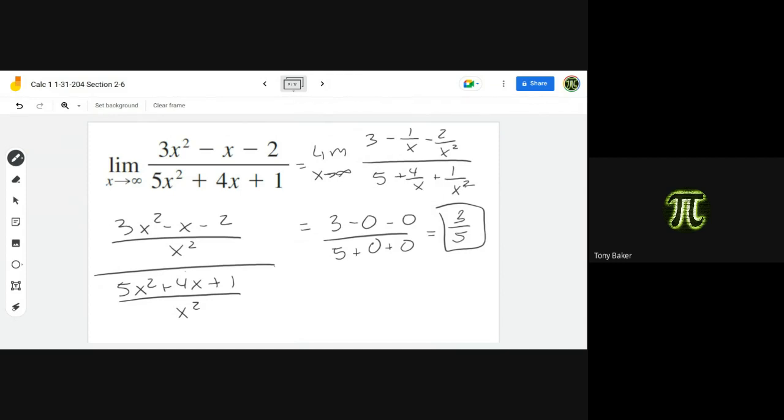We had 2 over x squared, that's fine. So 1 over x goes to 0. 2 over x squared would go to 0. It would actually go to 0 faster, because it's now squaring those numbers. But it doesn't matter what number's on top, because the bottom basically becomes so large it overwhelms it.